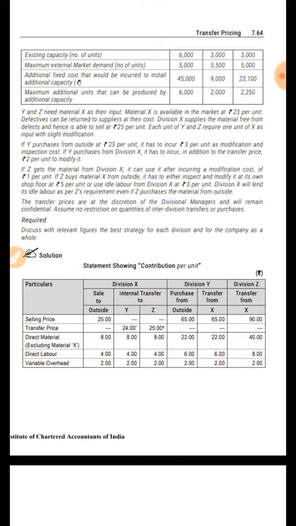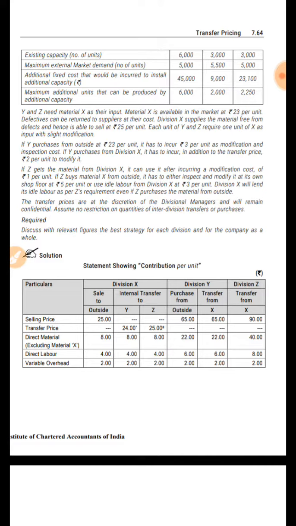Whereas if Z buys material from outside, it has to either inspect and modify at its own shop floor at rupees 5 per unit. Okay, if it is buying from outside, the cost will be 23 plus 5, 28 rupees. Or use idle labor from division X at rupees 3 per unit.